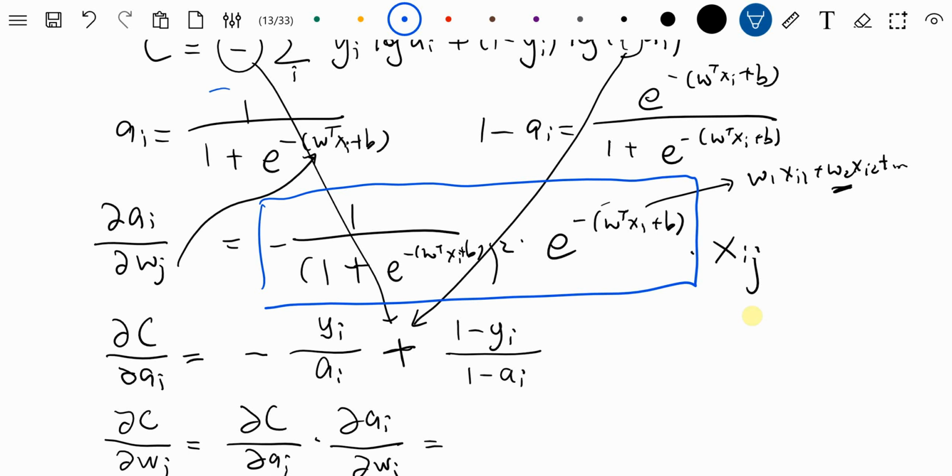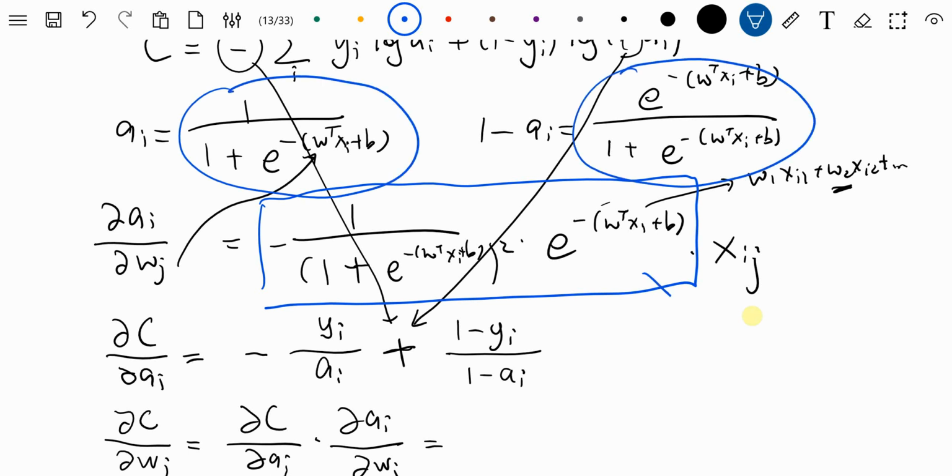This thing looks like the original one multiplied by this. So this whole thing is just ai 1 minus ai. Note that there's a square, so you can split this into two parts. One that looks like ai, the other one that looks like 1 minus ai. So this whole thing is just ai 1 minus ai xij.